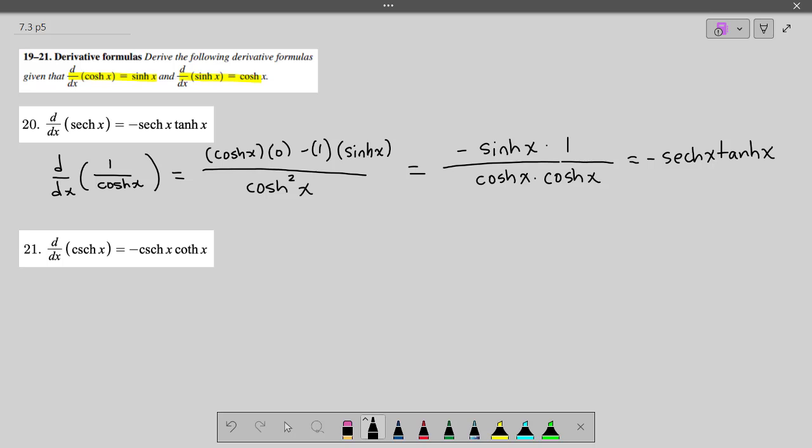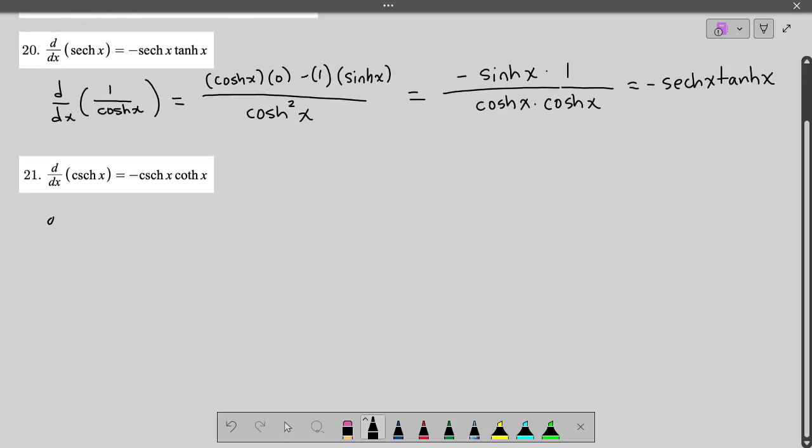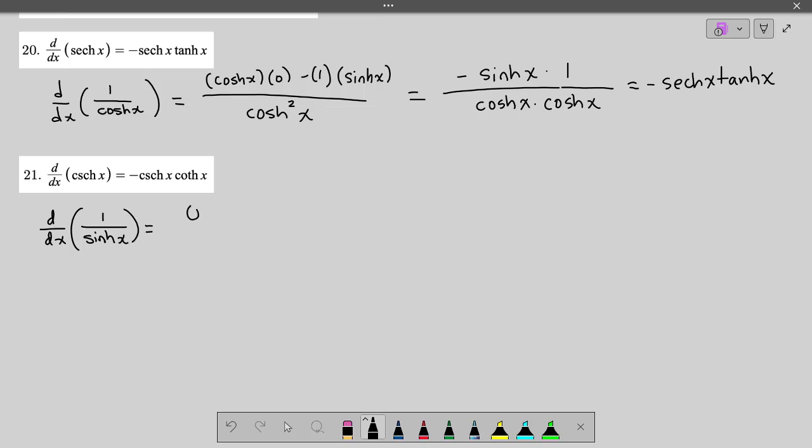Any trouble with the cosecant one? Straight application of that quotient rule. So if we wrote it out, we would say d dx 1 over sinh. And then the quotient rule says low d high, which is 0. Derivative of 1 is 0. Low d high minus high. High is 1, multiplied by d low. So have that over the denominator squared.